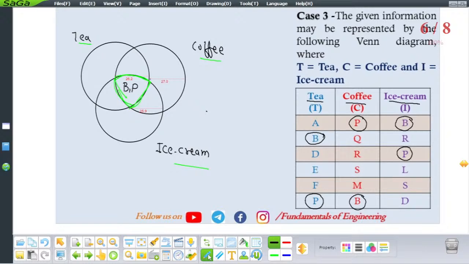So I will represent again here. You can get the area that represents the persons who like to take tea and coffee.